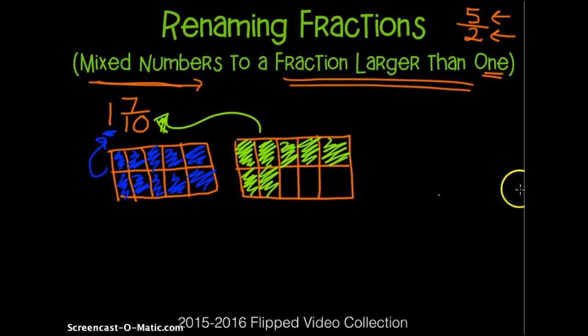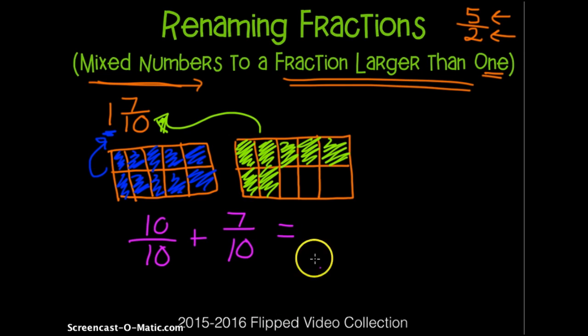All right, so the next step after that is to create my number sentence. I already know that this is 10 pieces shaded out of 10, so there's my number sentence: 10 tenths plus 7/10.